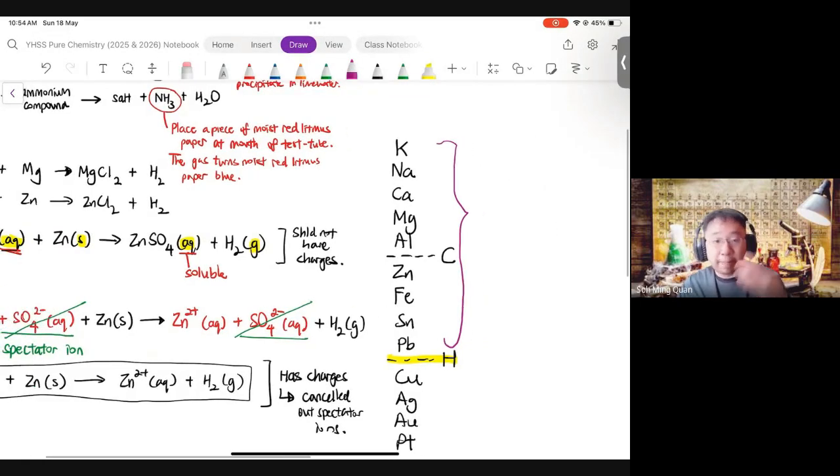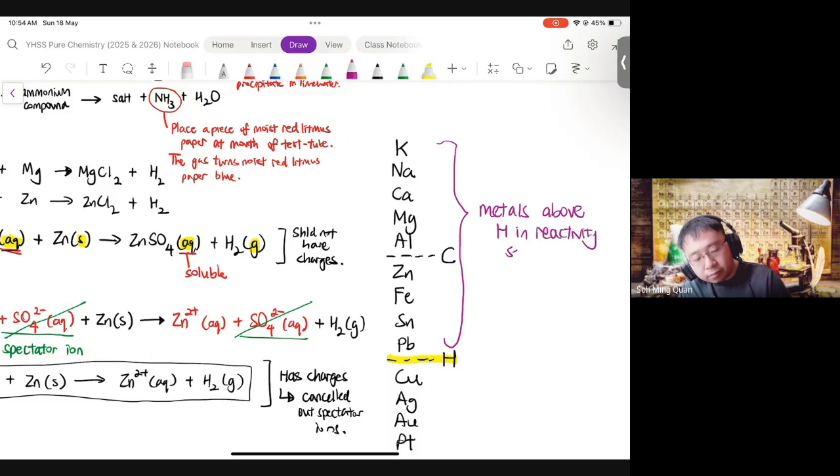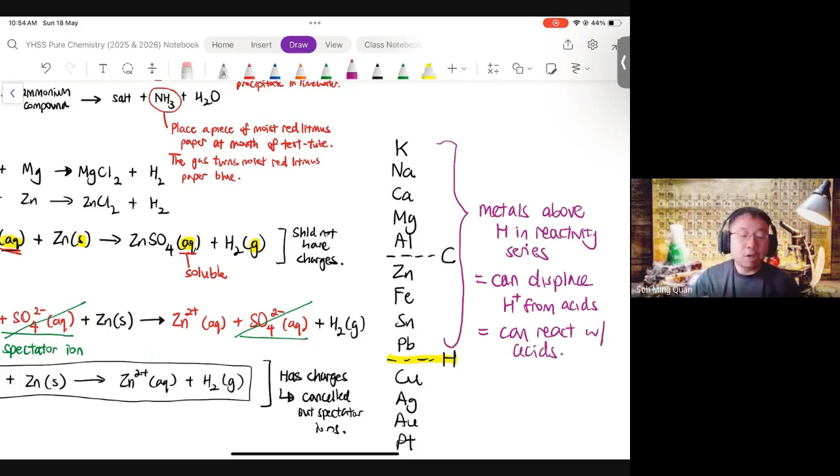Those metals like potassium, sodium, calcium, magnesium, aluminum, and so on, those metals which are above hydrogen in the reactivity series, they can displace H plus from acids, meaning they can react with acids. So anything above hydrogen in the reactivity series will be able to react with acids.